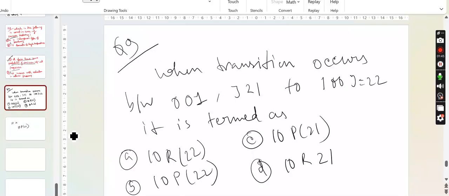This is the 10 micrometer band, so 10 will be there. And the branch is P, basically that is why P, and it is coming from 21 to 22, that is why 22. So the answer is 10P22.